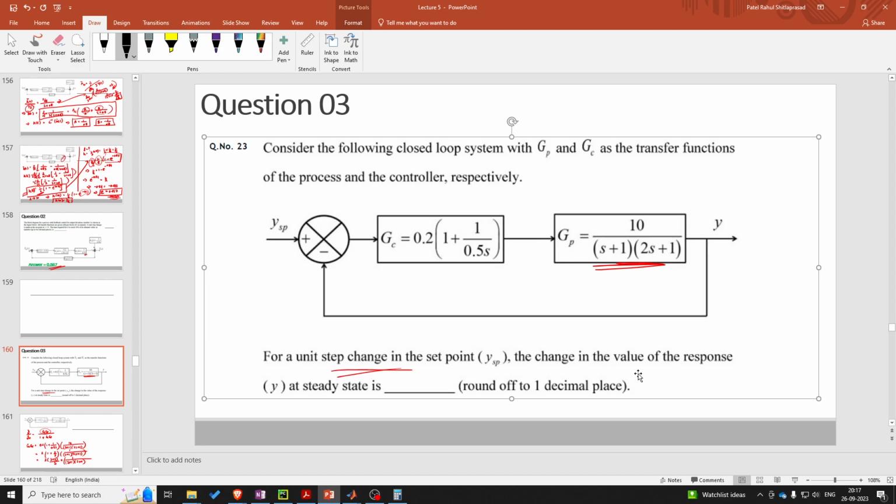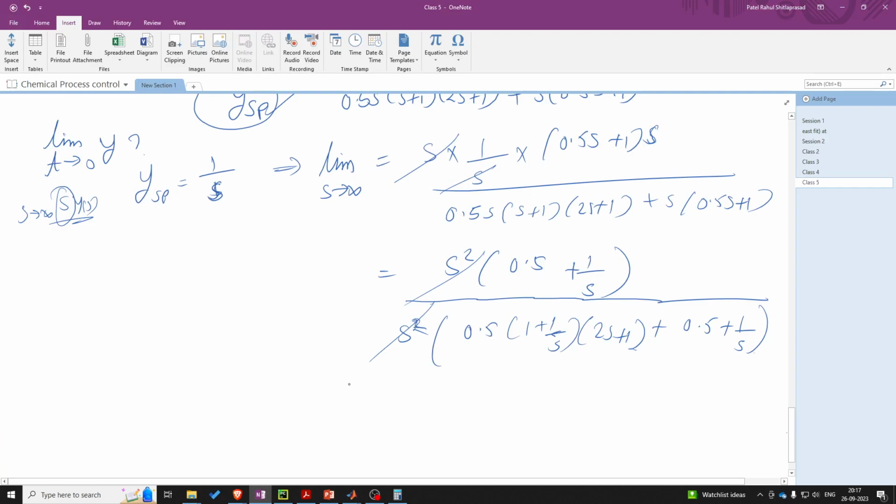okay, so we don't have to find the value when t tends to 0. We have to find the response at steady state value, that is, when t tends to infinity and s tends to 0. So we need to put s equal to 0.